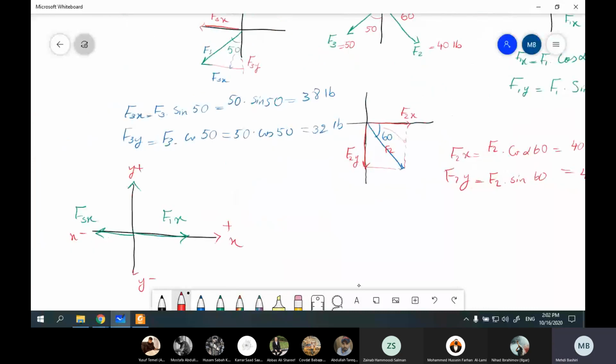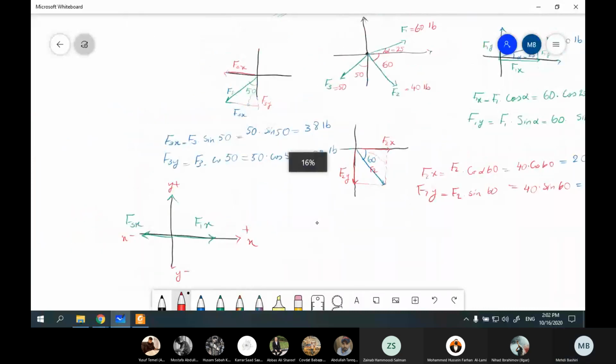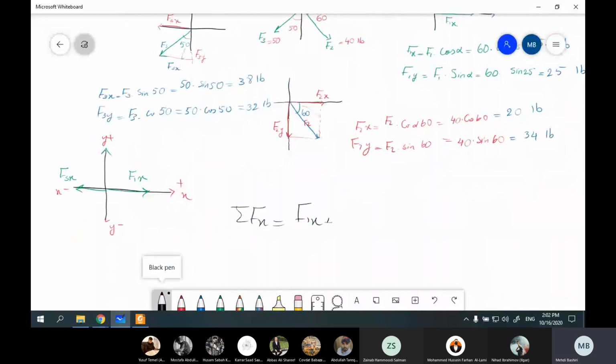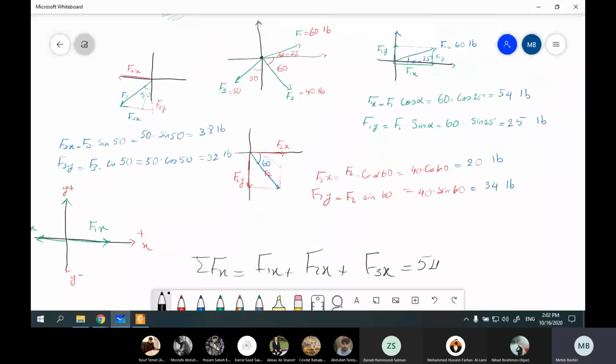So when I want to find the total summation, as I said, I need to find sigma Fx. What does it mean? F1x plus F2x plus F3x. F1x is 54. Positive or negative? Positive, because it's aligned with the positive direction. The second one is F2x, 20, and it's along the positive direction. Look at the red one. So plus 20.